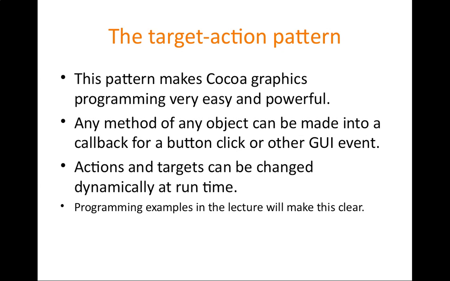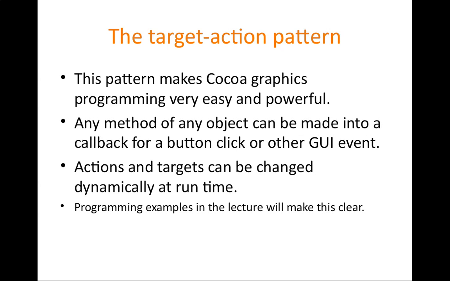The pattern makes Cocoa graphics programming very easy and powerful. When we put our component out on the canvas or the window, we drag it to the interface to create the target, and then we flip over to the M file and create the action that's associated with it. For a button, as an example, that's where we assign the behavior associated with the button control, the events that occur when the button is pressed.